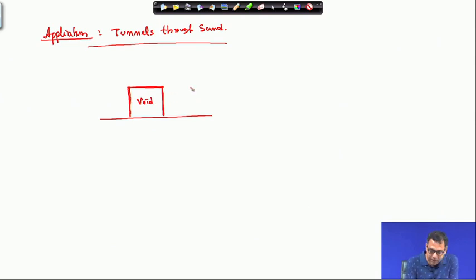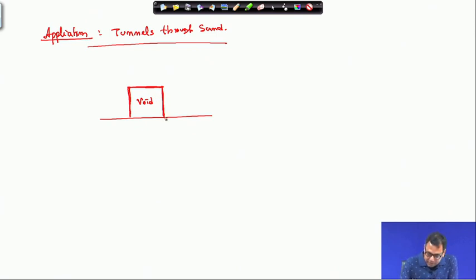Here is the soil, and this side also the soil. The tunnel wall will deform this side, and this wall will also deform. Because of the deformation, this soil will move. There will be a failure plane in the soil, because this wall is under active condition, as it is deformed because of the soil.